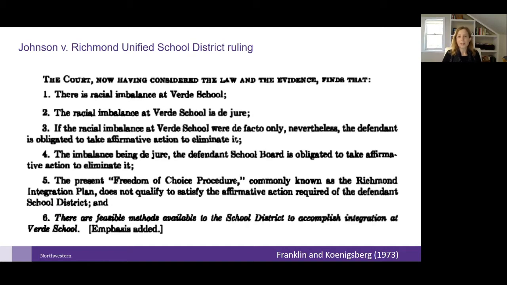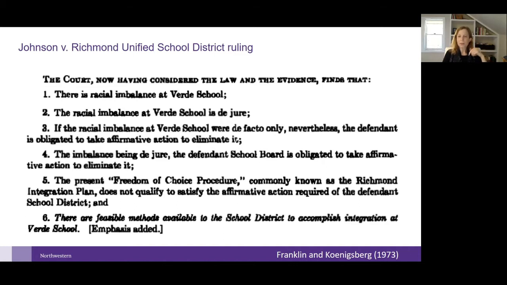What's interesting is that even in point 3, even if it had been de facto, because of subsequent court cases, the burden is on the school district to come up with plans. And then you can see in point 6, which is what Franklin and Konigsberg put in italics, that there are feasible solutions to do this.